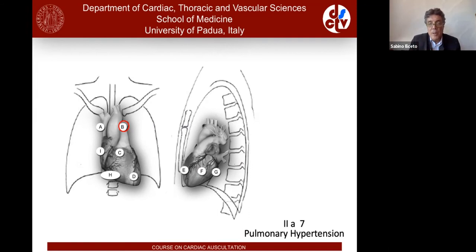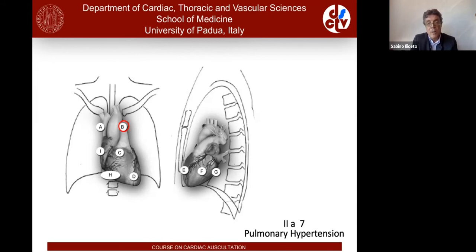Before closing the mitral stenosis session and opening the question and answer area, I want to show you 3 slides that will emphasize additional findings in mitral stenosis. Mitral stenosis increases pressure in the left atrium because of the narrowing of the mitral valve, and this can produce increased pressure in the pulmonary circulation and consequently pulmonary hypertension.